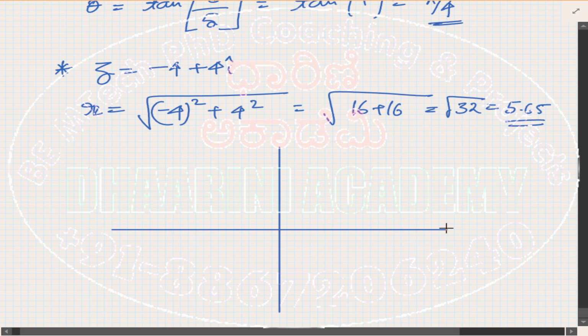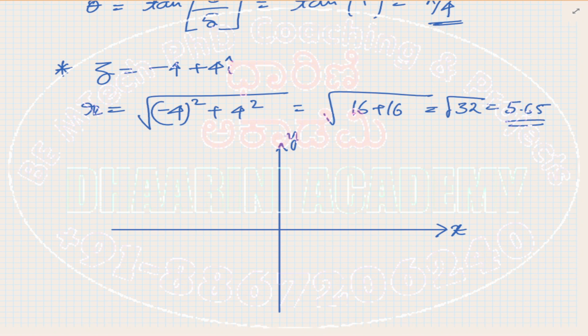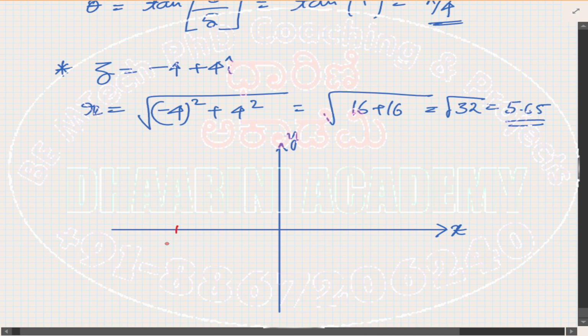It may take some time initially, but later on it will be fine. So this is the y-axis, this is the x-axis. If you see, the x coordinate is not 4 comma 4, it is minus 4 comma 4. So when you say minus 4, maybe this is minus 4. Minus 4 comma 4 is here, which means this is the point z, correct?